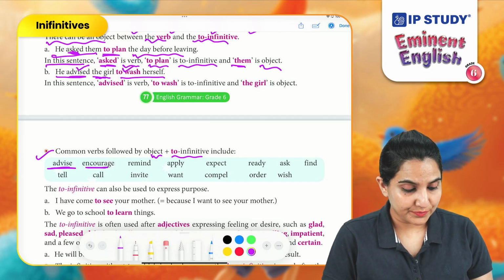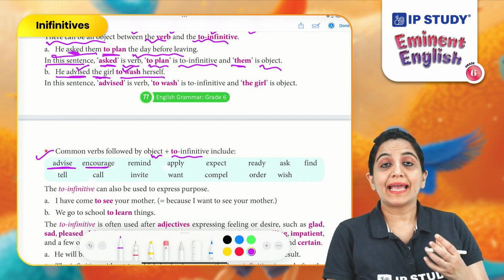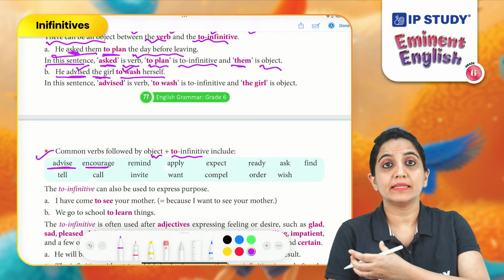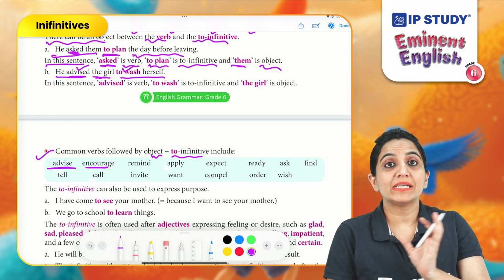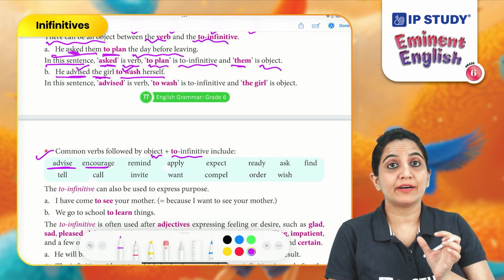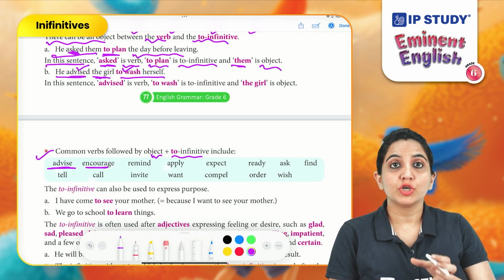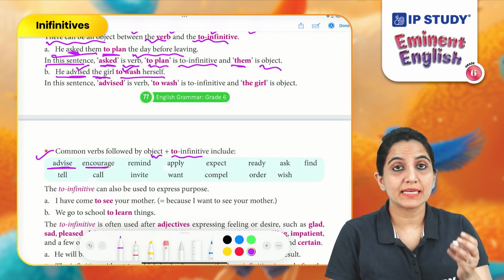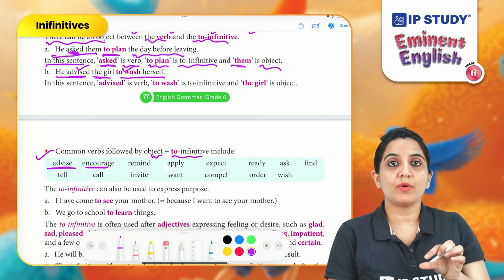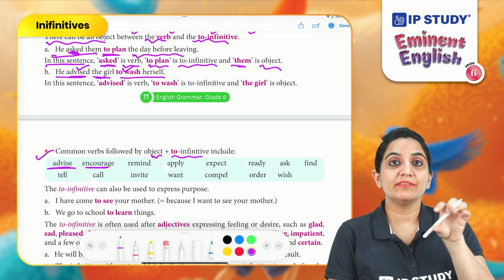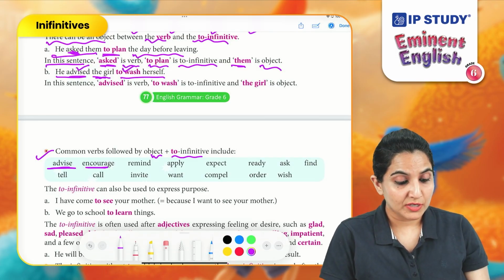Encourage. Sheena encouraged her friend to participate in the competition. So Sheena encouraged. Encouraged whom? Her friend. Her friend is the object, to participate in the competition. So encourage is a verb which requires an object between the verb and the to-infinitive.